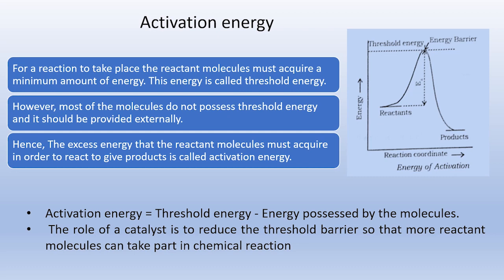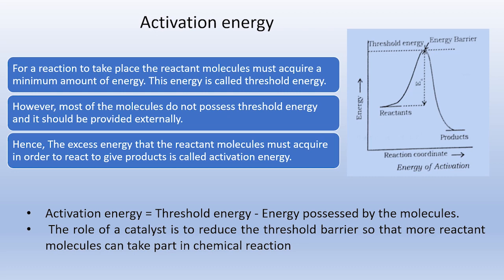The amount of energy at the peak of the barrier is called the threshold energy. So we can say, for a reaction to take place, the reactant molecules must acquire a minimum amount of energy, and this energy is called the threshold energy. The reactant molecule must cross this threshold barrier to decompose to the product. However, most of the molecules do not possess this threshold energy.